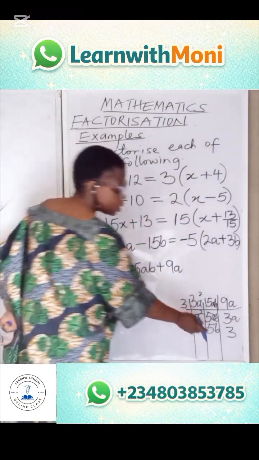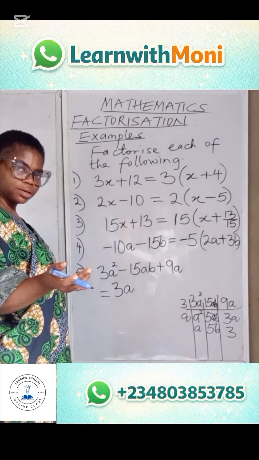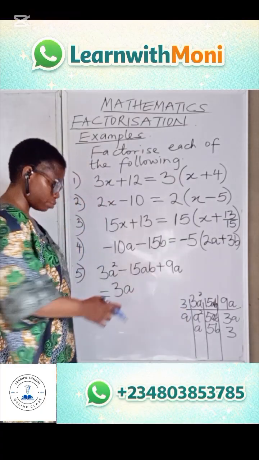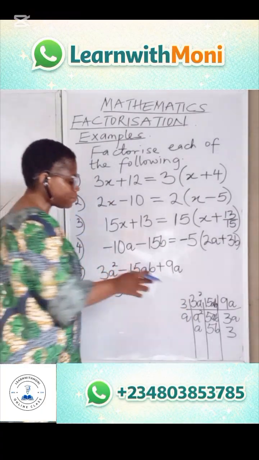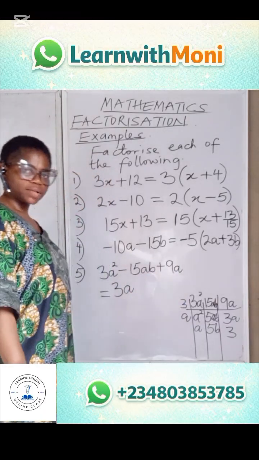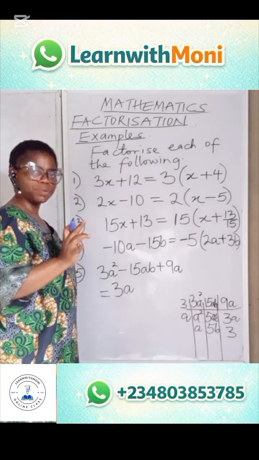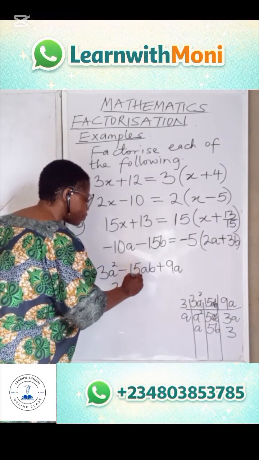Looking at the terms left, I don't see anything common in them again, giving me 3a as the highest common factor, just like I have factored it out here. So it is not bad if you go through this route of getting your highest common factor. It gets you safer.